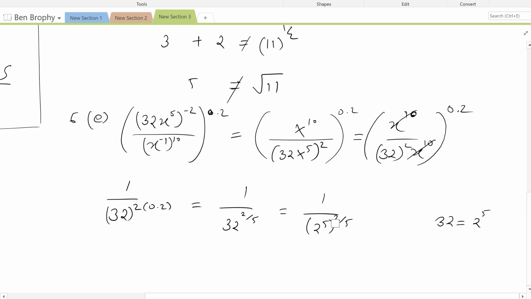Now when you multiply them, the 5s are going to cancel out, and we have 2. So the answer is 1/2 powered by 2, which is 1/4. So that's the rational expression, that's the answer for that.